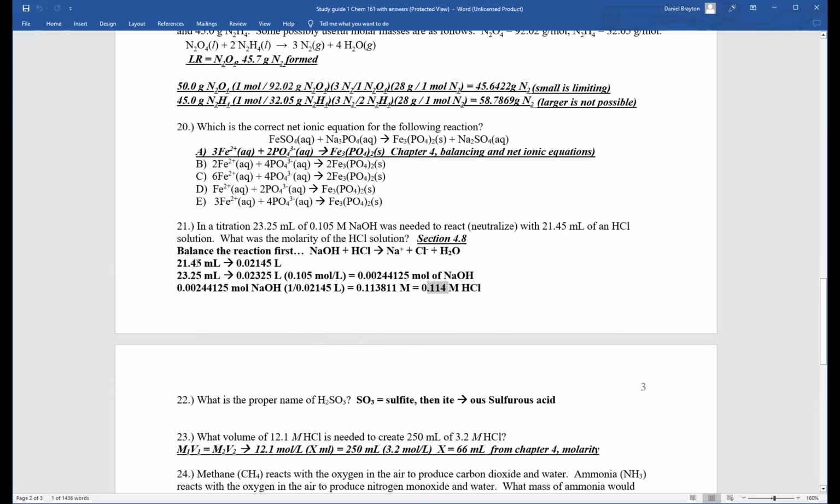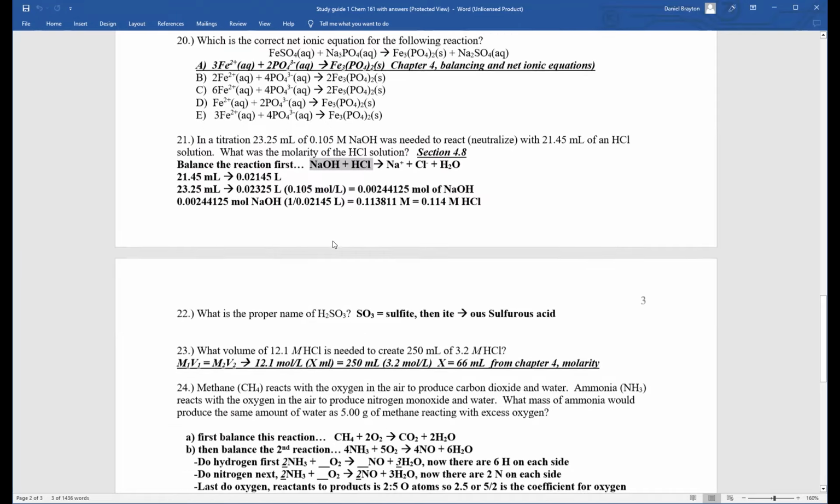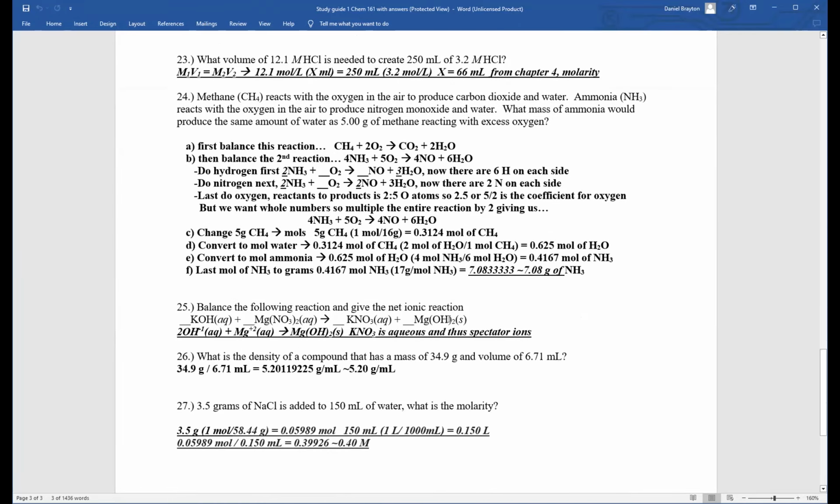So change both of the volumes from milliliters to liters. That's right, just moving the decimal point over. Then molarity is moles per liter, so when you multiply those two, the liters cancel. Now we get to our moles of HCl. This one is 1-to-1, right? 1 mole of sodium hydroxide to 1 HCl. If it was something like magnesium hydroxide down here, there are 2 hydroxides, so if it was magnesium hydroxide and HCl, then you would need twice as much HCl.